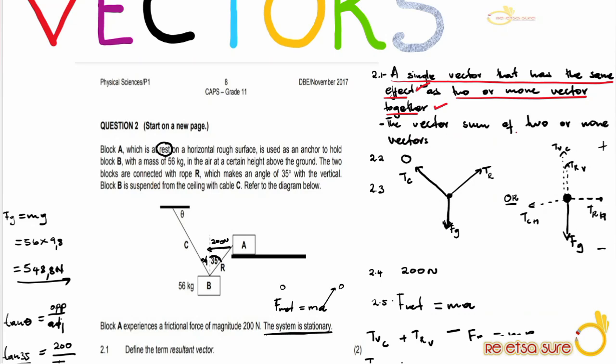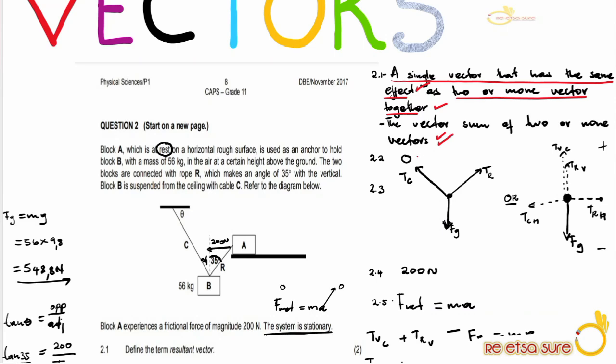Or the vector sum of 2 or more vectors, you'll get your 2 marks for that. So please make sure that everything that is underlined is there when you write the definition, because remember what I said, the definitions are required the way they appear on our examination guideline.